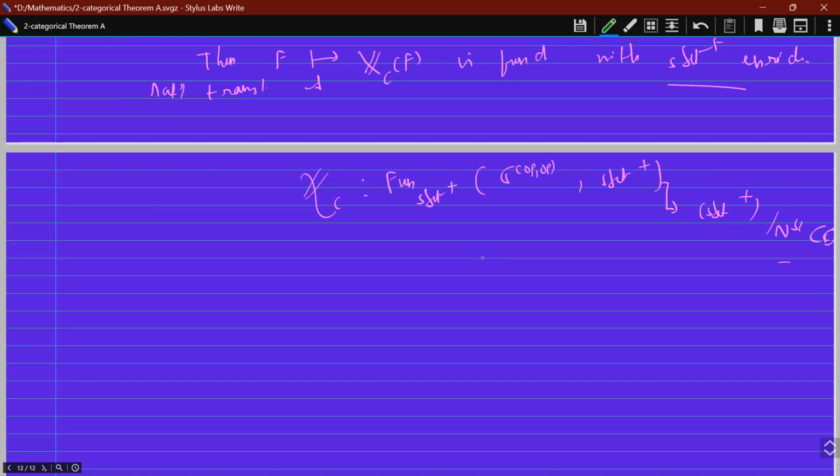Yeah. So now, right, we can use the adjoint functor theorem to get the following adjunction. So I'll just write the adjunction. So using the adjoint functor theorem, we can just apply that, and we'll get this adjunction.